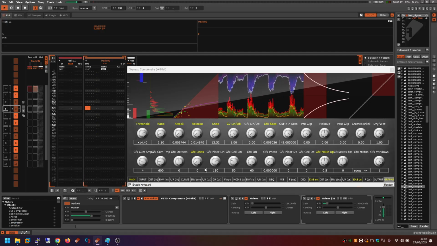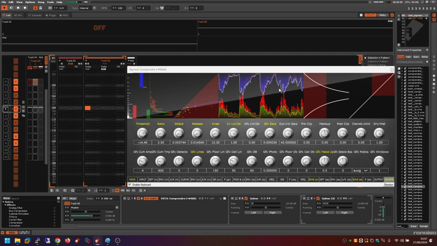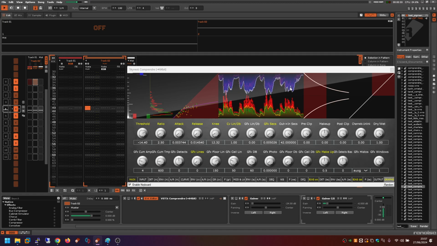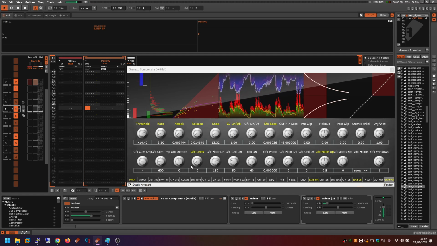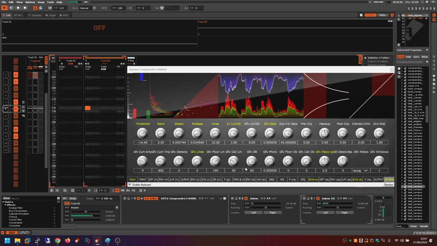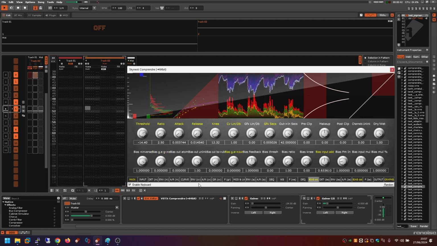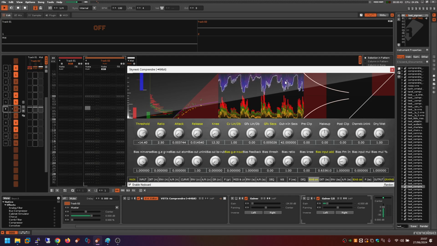So what you need to give is not the envelope but the gain reduction envelope. And it's the same with the gain. As you can see the purple, if I take gain, it's the reverse purple.